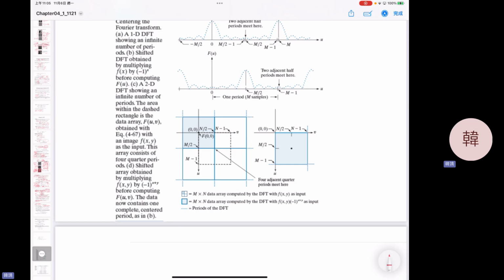So if your delta t is too big, then 1 over delta t becomes very small. So the first periodic copy will be like this one. If your delta t is not small enough, the frequency components will overlap.